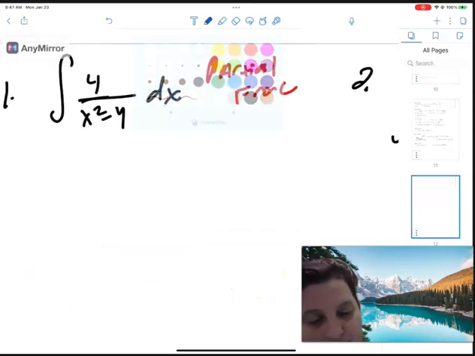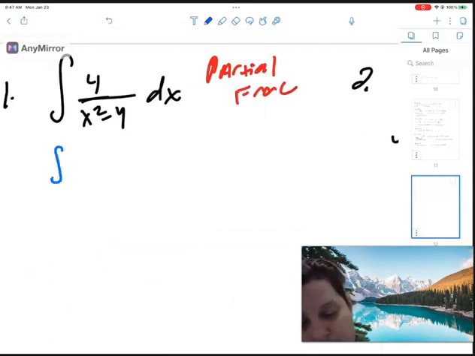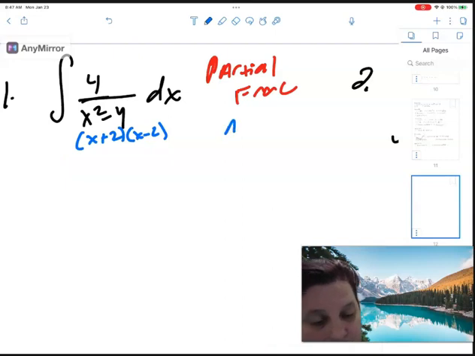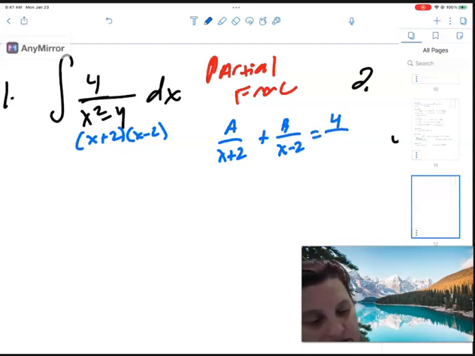How did I decide that it's partial fractions? Well, because this factors to (x plus 2)(x minus 2). If the bottom factors, that's typically what we want to do, okay? A over x plus 2, B over x minus 2 is 4 over (x plus 2)(x minus 2). Multiply everything by (x plus 2)(x minus 2).